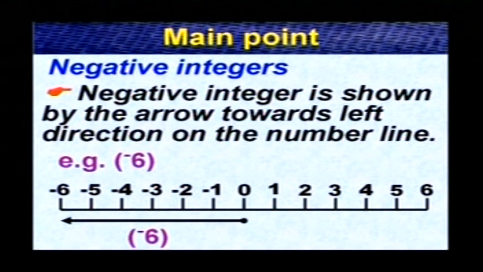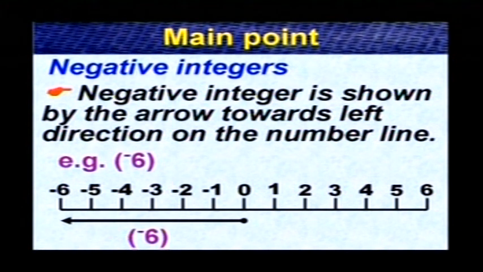Now, likewise with negative integers, this time the arrow goes the opposite direction, which is left. So, on the number line, if you see an arrow going towards the left direction, it means that the integer is a negative integer. Example, we have negative 6 there. How can negative 6 be shown on the number line?